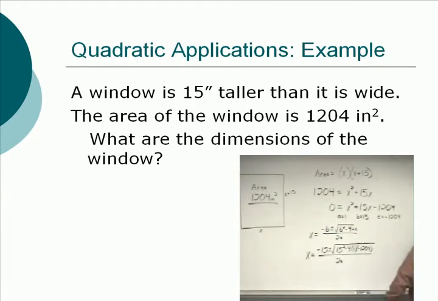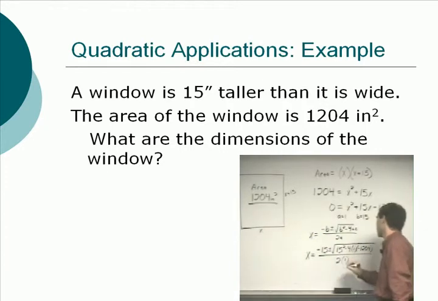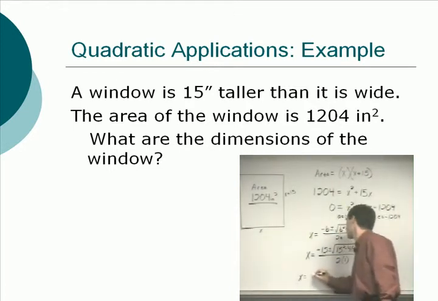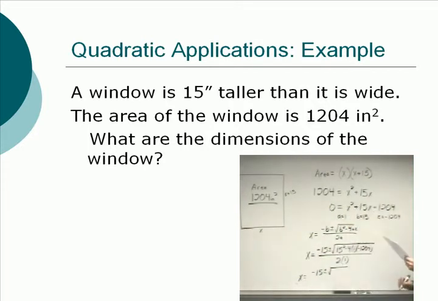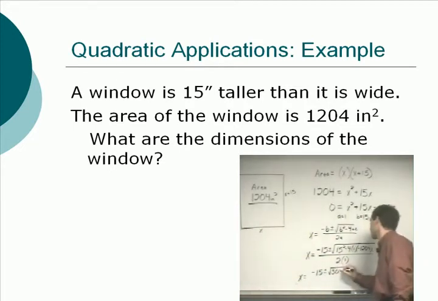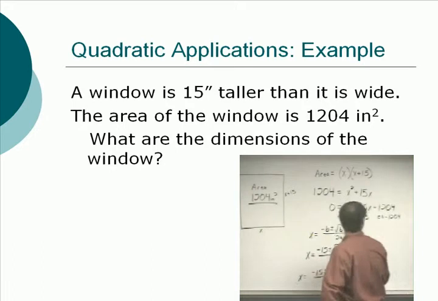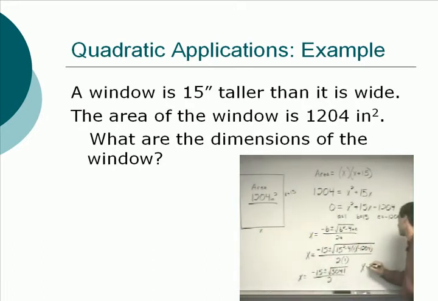Whoops, we know what a is. I'll tell you that that works out to negative 15 plus or minus the square root of 5,041 over 2. And so we get two solutions for x. If you work that out, you'll end up with x equals 28 or negative 43.